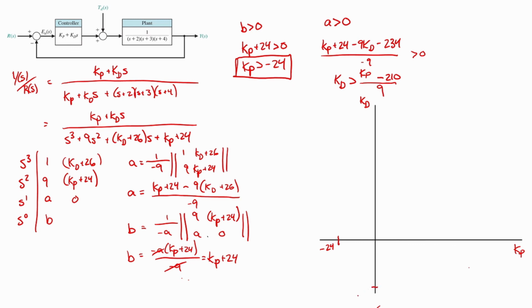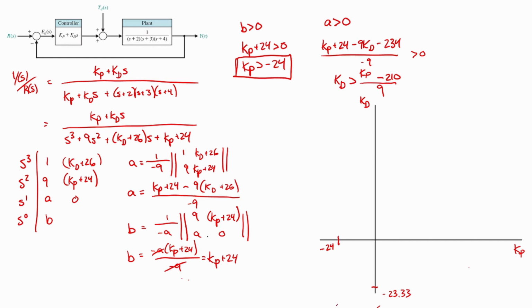So negative 23.33. That will actually be our intersection with the Kd axis. Alright, so we now know our slope will be Kp over 9, and so for every 9 steps in the Kp direction, we're going to increase 1 step in the Kd.